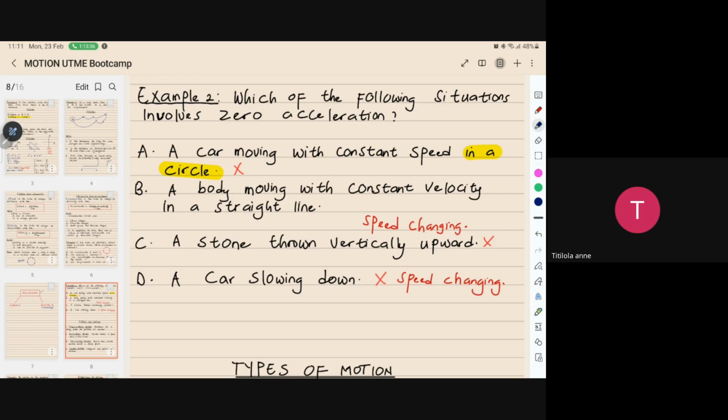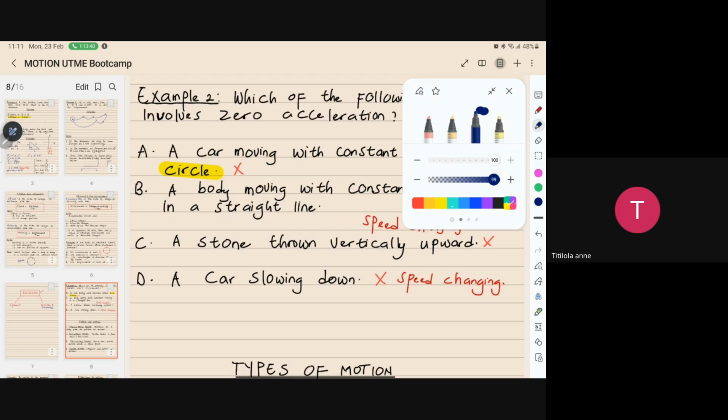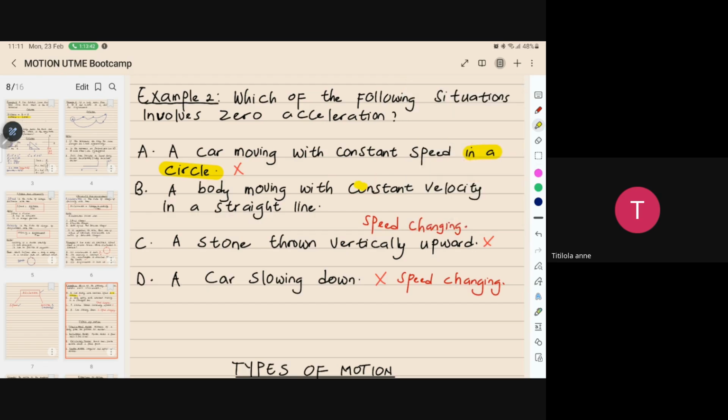But you see here, moving with a constant velocity. If I'm moving with a constant velocity, what does that mean? It means that the velocity is not changing, constant. And if I'm moving in a straight line, it also means that the direction is constant. Are we together now? They didn't say anything about the speed actually.